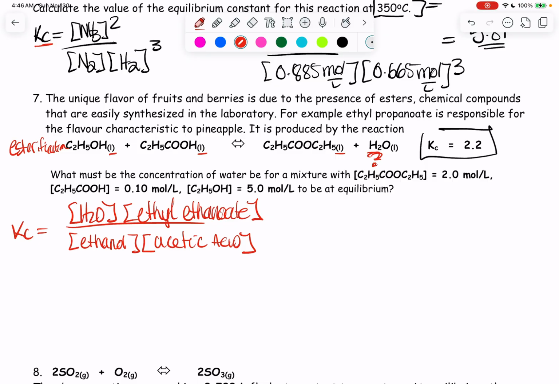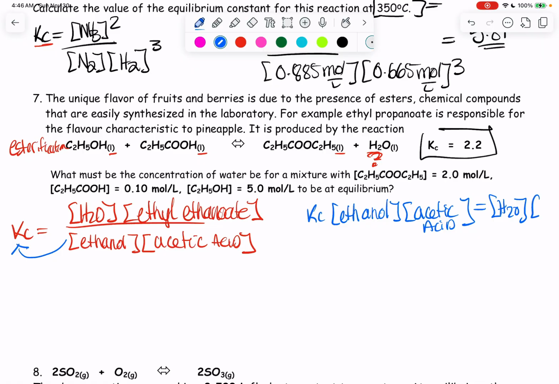So we're going to solve for water. So the first thing we're going to do is we're going to move all of these things to this side. So we're going to say Kc times ethanol and acetic acid is equal to water and ethyl ethanoate. I'm just going to do EE.